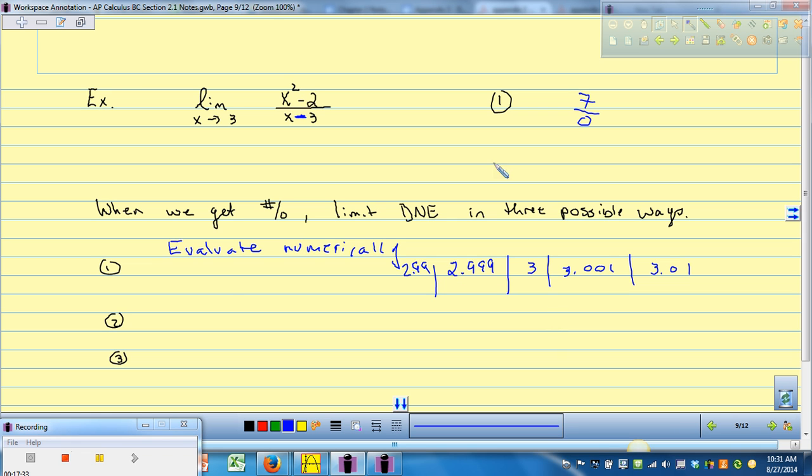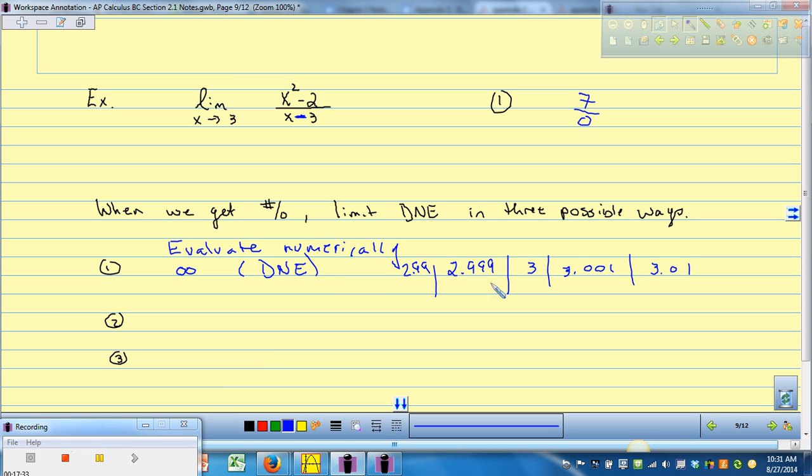So the first possibility is that this side is getting huge, and this side is getting huge. Both sides are going to infinity. So the limit could be approaching infinity, but we need to understand that that is still a does not exist situation.